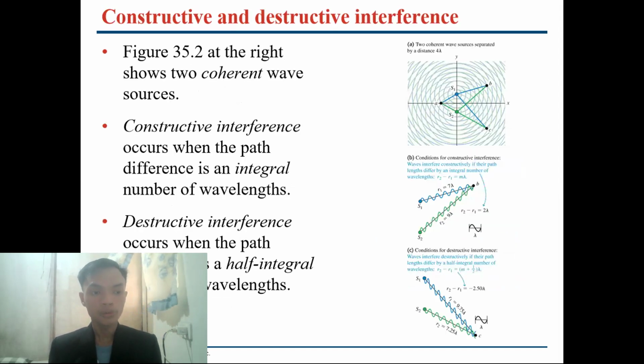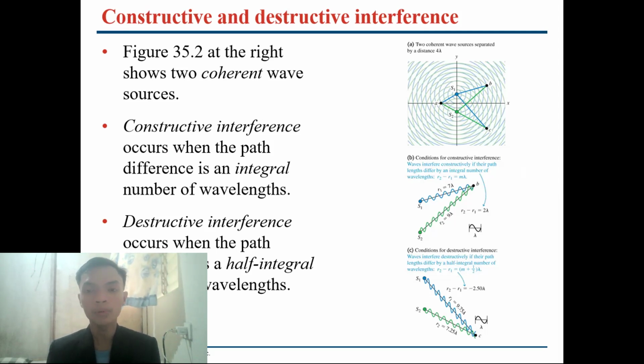Let's move on to constructive and destructive interference. Figure 35.2 at the right shows two coherent wave sources. At letter A, we have two coherent wave sources separated by a distance of 4 times the wavelength. Letter B shows the conditions for constructive interference, in which waves interfere constructively if their path lengths differ by an integral number of wavelengths.